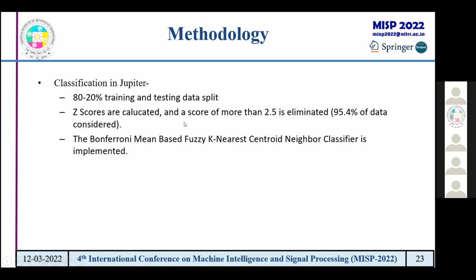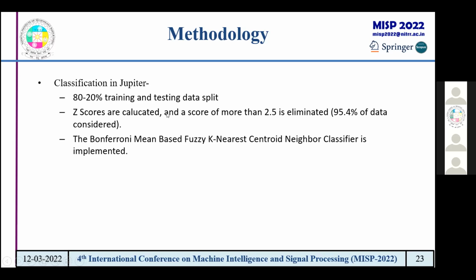A Z score of 1 means one standard deviation away from the mean. If the mean is 2, the area above 2 and below 2 within one standard deviation comes under this score of 1. I have taken a threshold of 2.5, so that 95.4% of the data is considered, and the rest are eliminated.